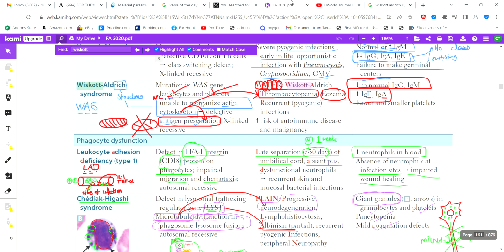Stopping G proteins from interacting with alpha and beta receptors is what causes tolerance to develop.